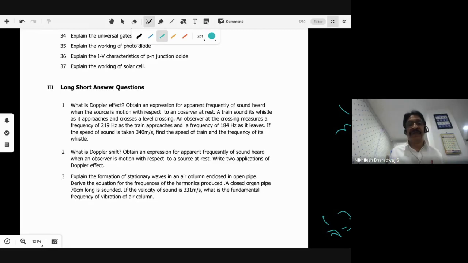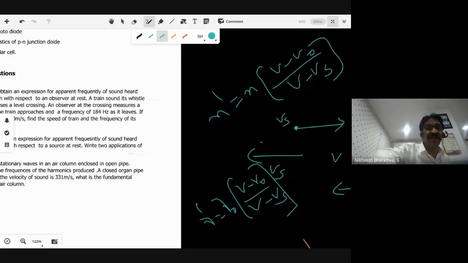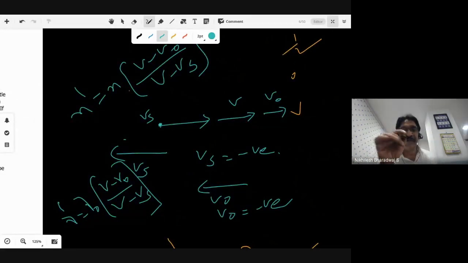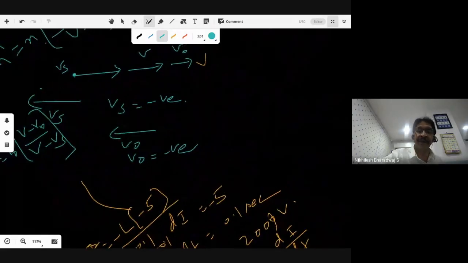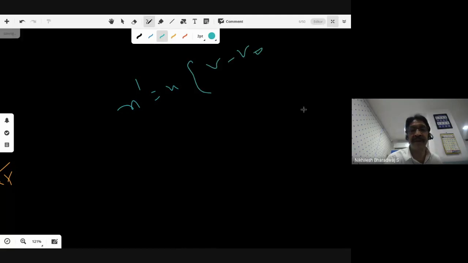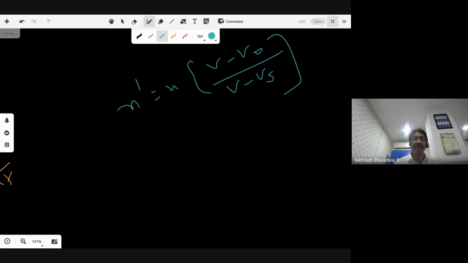Now, where is the observer? The observer is at the railway crossing. So the observer is at rest, so V naught is equal to 0. And when the train is approaching the stationary observer, I'm taking once again, n dash is equal to n into (V minus V naught) by (V minus Vs). This is the basic formula.